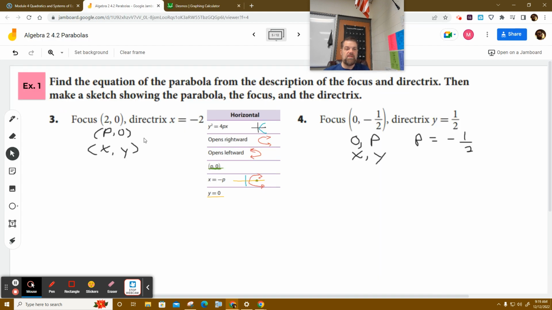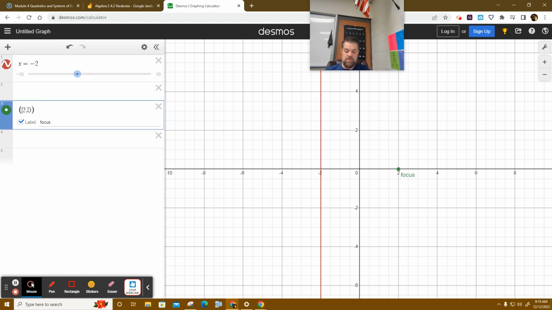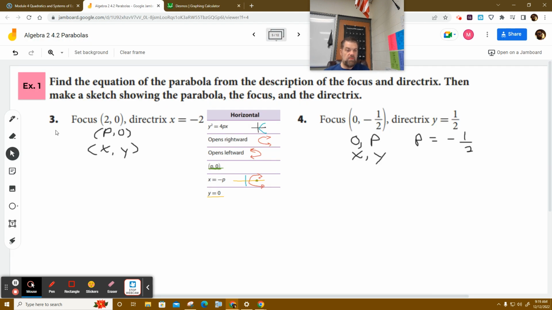Do you see what Mr. Adams did? I got confused. I put the -2 over here and the 2 over here, but that's okay. We can fix it. So this is -2. I would have caught it eventually as I started to go through this. This is -2, and this is +2. Okay? So it's going to open this way to the right. My bad.